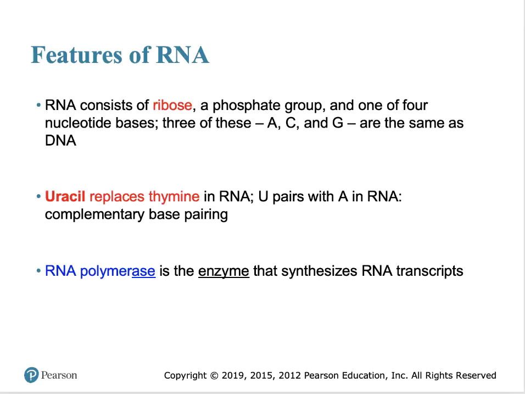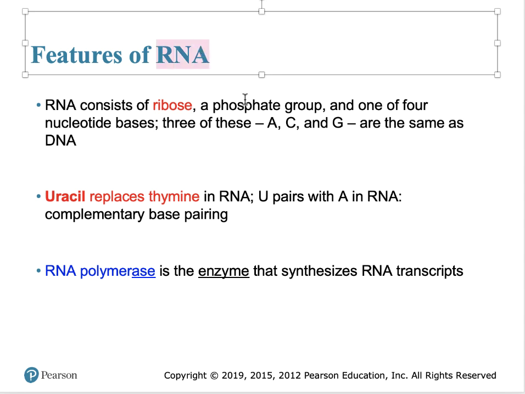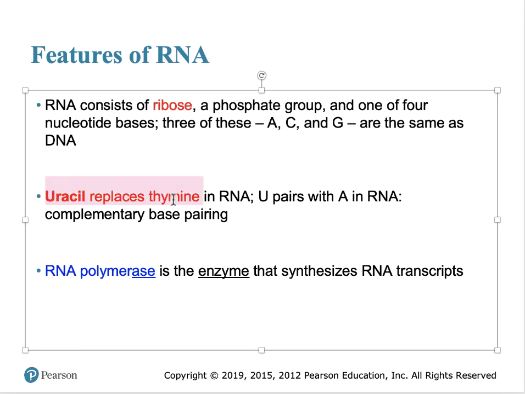One of our favorite questions in genetics and cell biology is for students to be able to compare and contrast the structure of RNA and DNA. As you may have heard me, I was very careful in using uracil when I was talking about the structure of RNA and not mentioning thymine, because thymine is not found in RNA, it's only found in DNA.